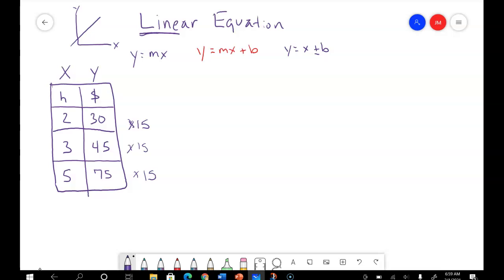So my equation would be my y value equals 15 times my x value. So I am making $15 per hour. This is a multiplicative relationship. It's kind of fun to say.